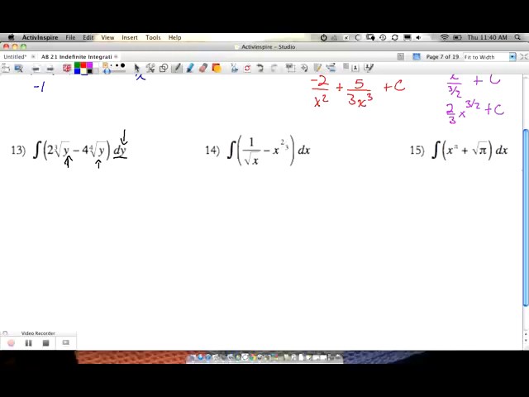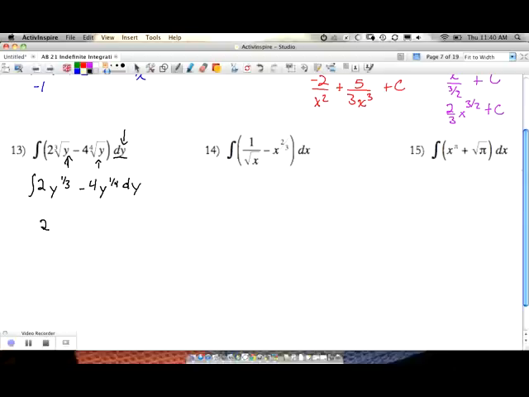Let's start though by translating this with some different algebra here. We're going to have 2y to the 1/3 minus 4y to the 1/4. Again, fractions, but we can deal with those. Just add one like you normally would. So this is going to become 2y to the, well, what's 1/3 plus 1? That would be 4/3.